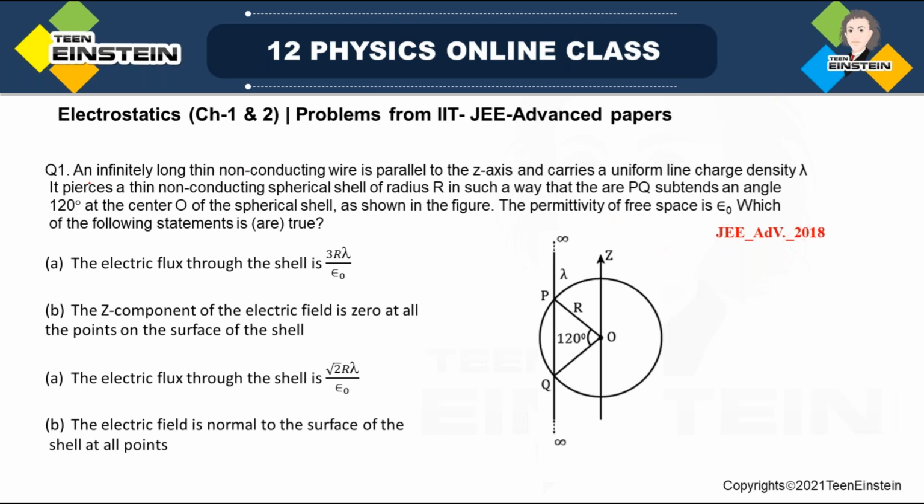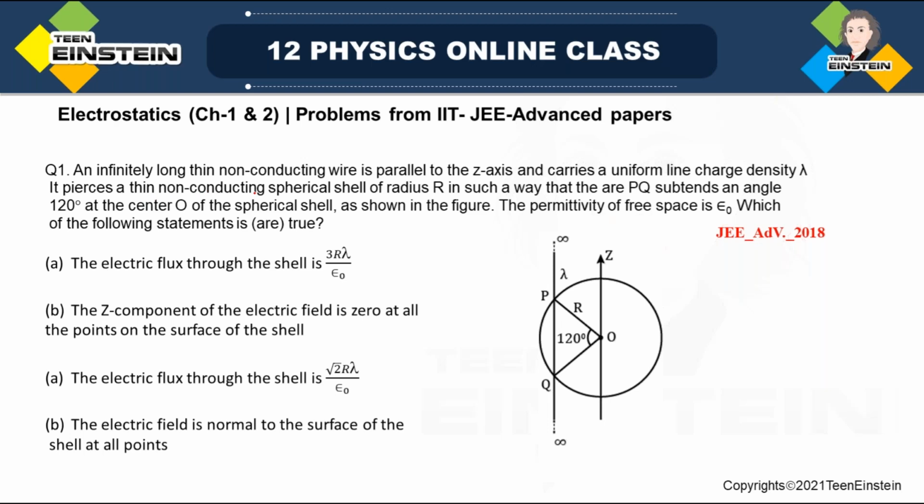So the first question says, an infinitely long, thin, non-conducting wire, parallel to the z-axis, carries a uniform line charge density lambda.